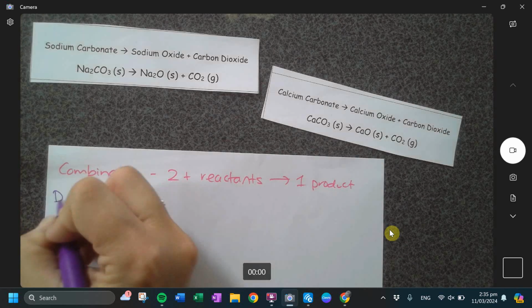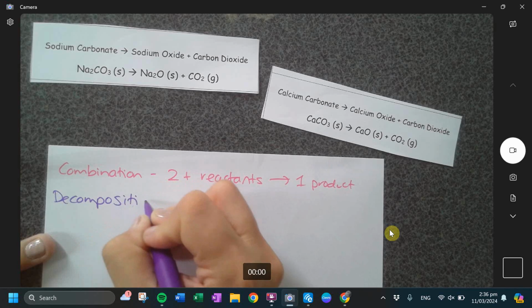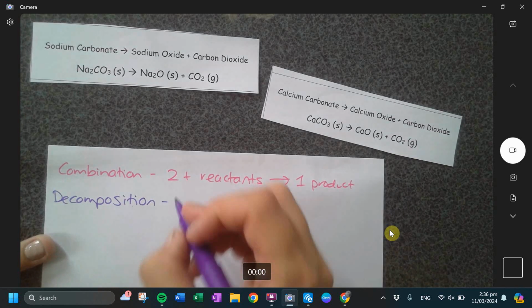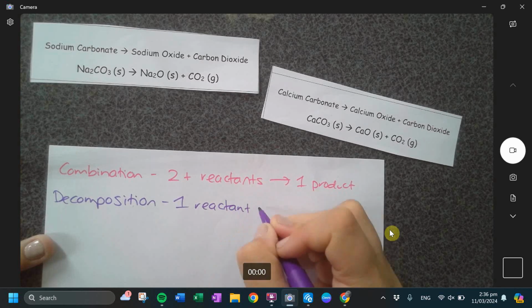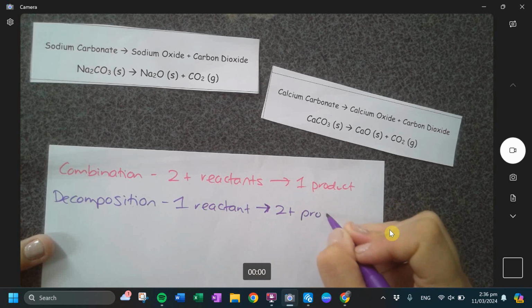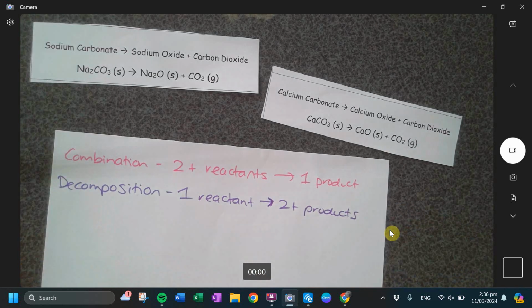Decomposition. Think about decomposing bodies and things breaking down. You have 1 reactant becoming 2 or plus products. Decomposition. It decomposes, breaks apart.